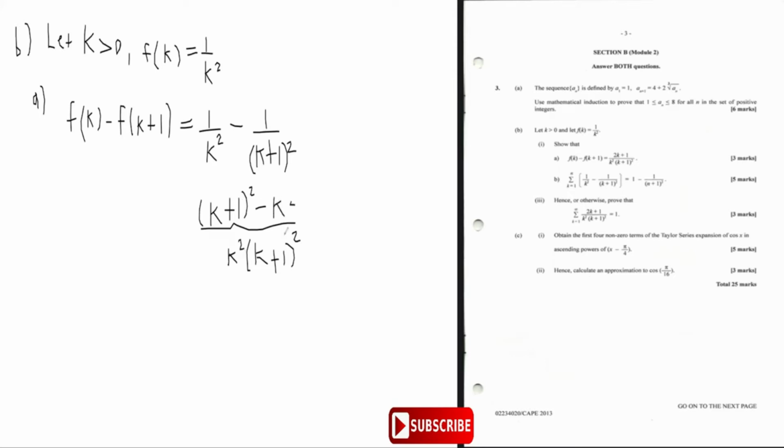Now k plus 1 all squared minus k squared. Remember, k plus 1 all squared is k squared plus 2k plus 1. And so when you subtract the k squares, you're going to just get 2k plus 1 in the numerator. So in the numerator, you're just going to get 2k plus 1 over your k squared times k plus 1 all squared.